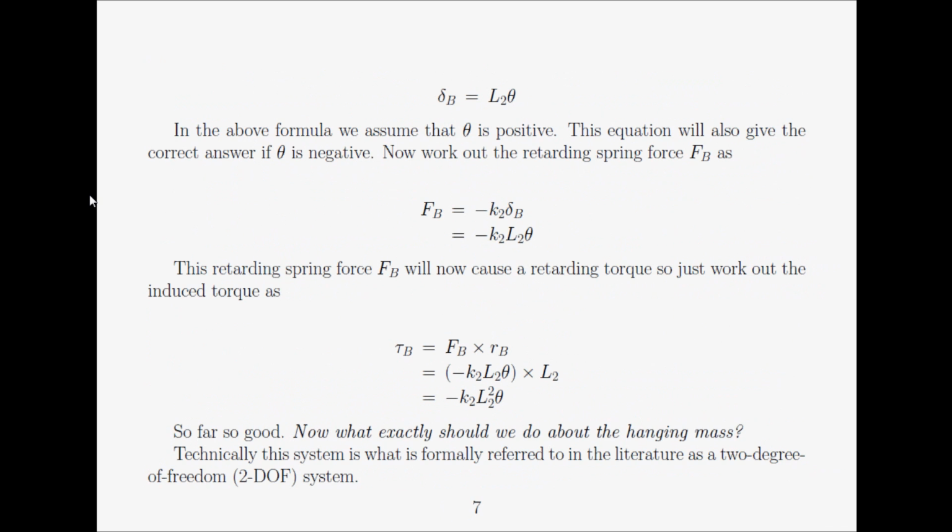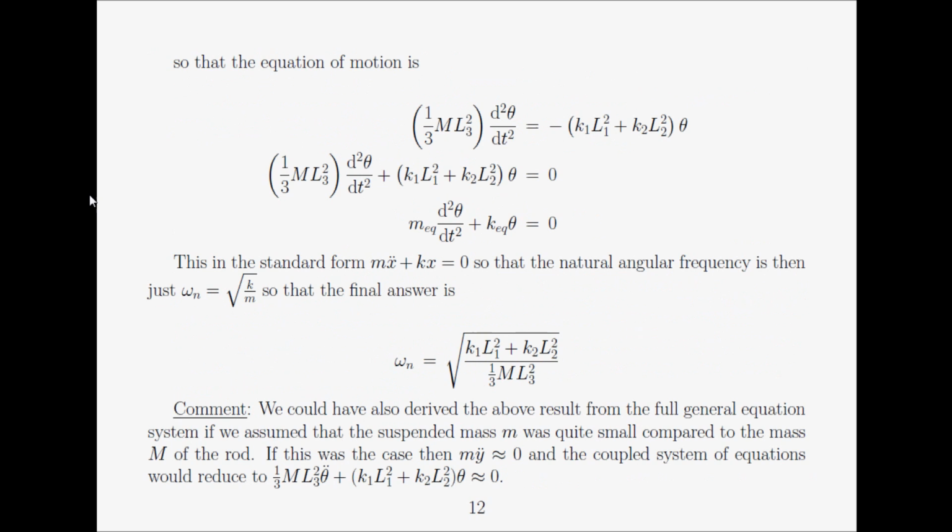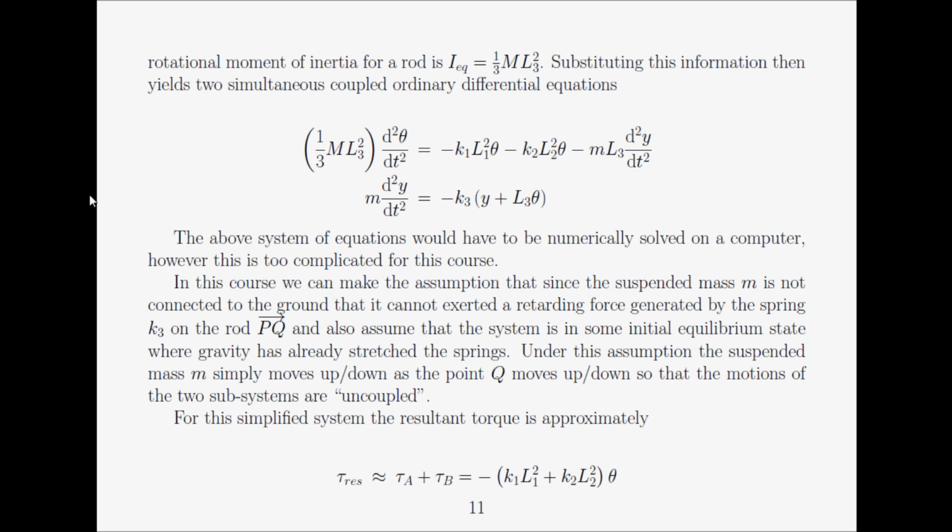If we make that assumption, then we can, in inverted commas, uncouple the resultant motions. When we uncouple the motions, we can say the resultant torque at the point P, where the bar is rotating and pivoting, is just effectively due to the effect of the springs K1 and K2.